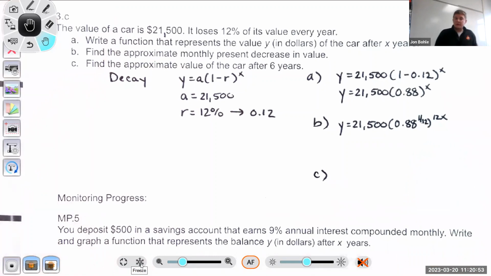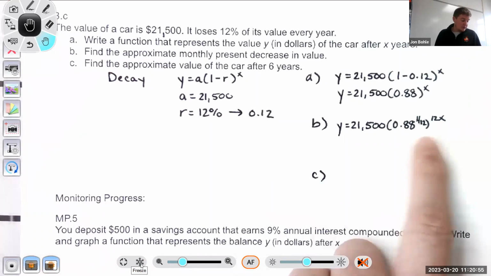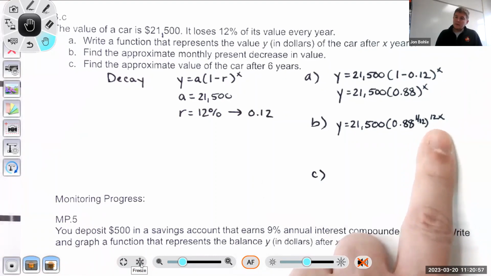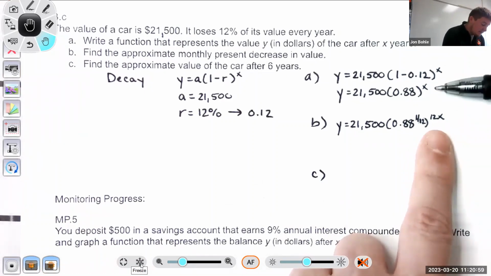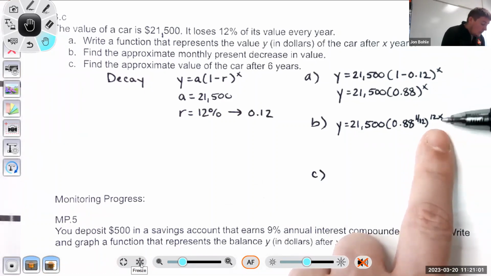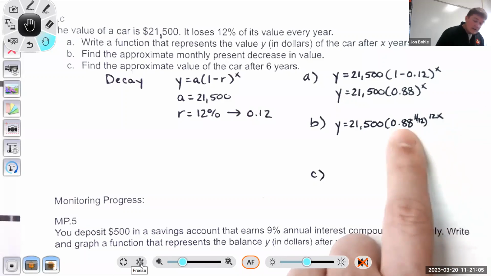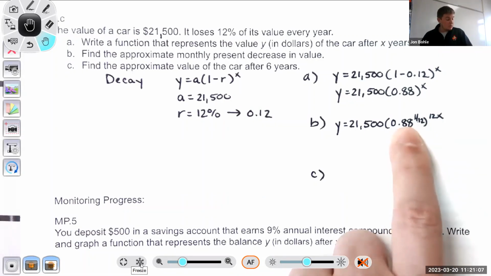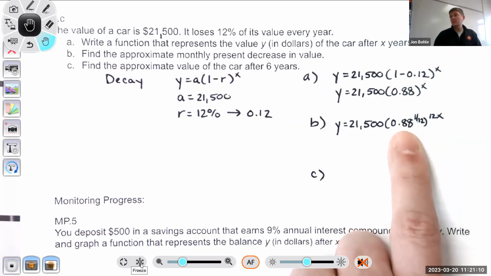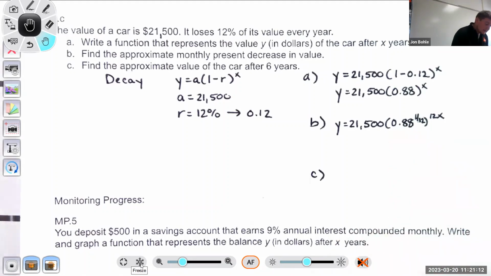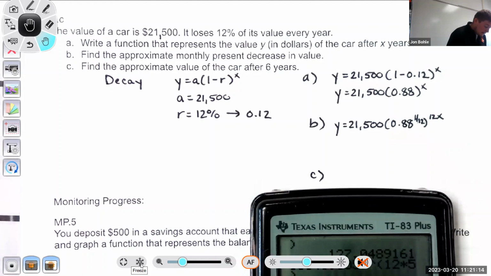1/12 times 12 is 1. So when I take a power to a second power, this balances out and just gives me the same thing. So when I compound it 12 times in a year, if I take this to the 1/12 power, which is the 12th root, it's going to tell me the monthly percent.